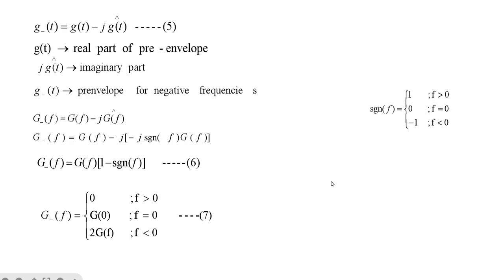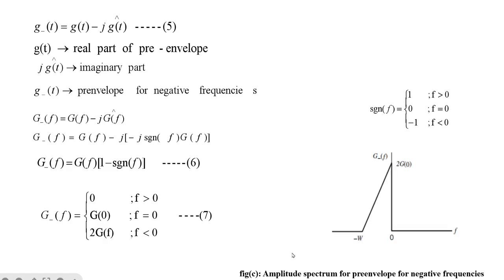So when we draw the pre-envelope for equation number 7, it will be like this. This is the amplitude spectrum for the pre-envelope for negative frequencies. Here you can see there is no frequency component for the positive frequencies. That is, for f greater than 0, you don't have any frequency components. So this is about the pre-envelope of the low pass signal.